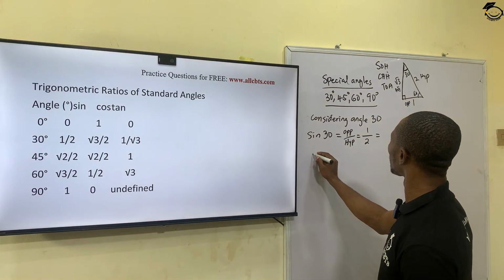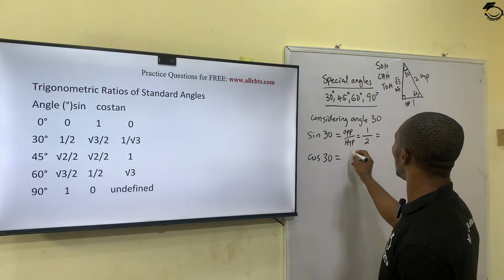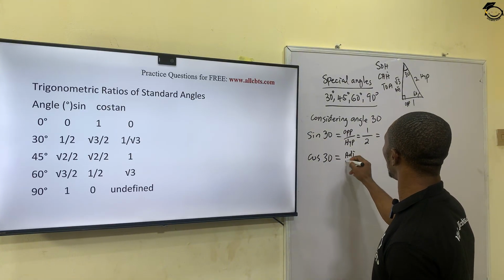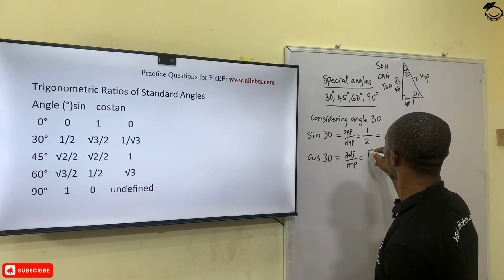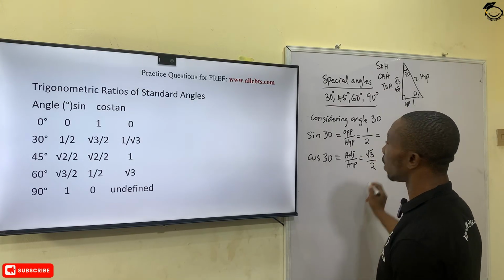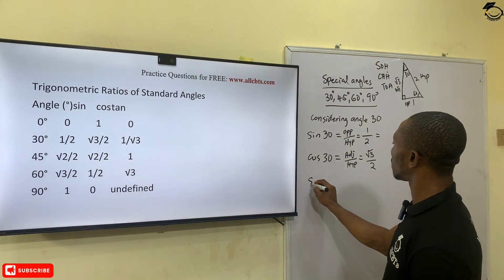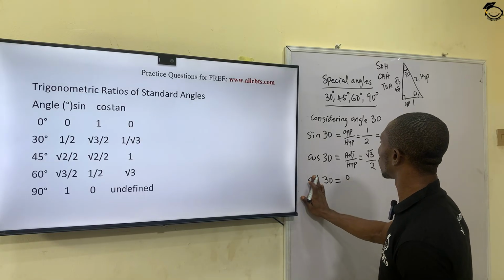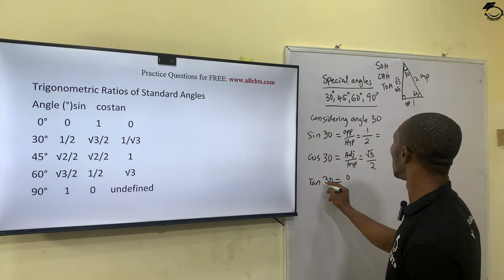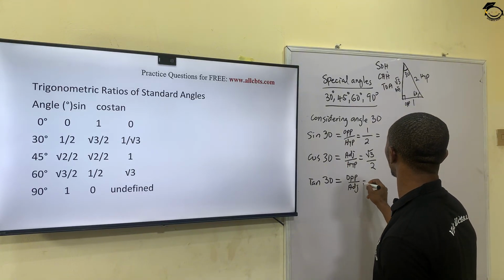Then we have cos 30, which will give us adjacent over hypotenuse, and adjacent is root 3, all over 2. All right, and tan 30 equals opposite over adjacent.